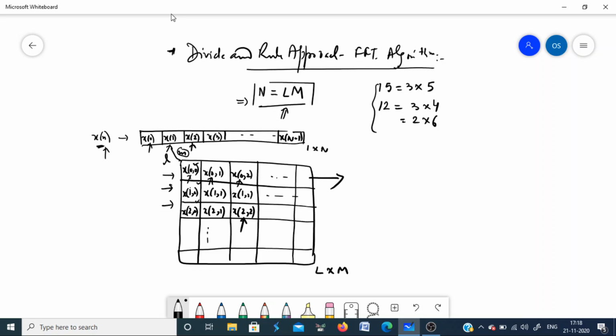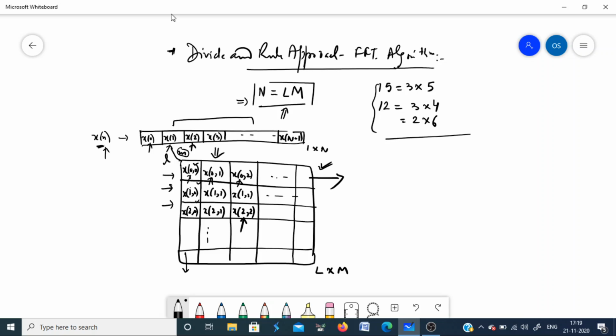Now when you create this two-dimensional array, you have to store the input sequence into this array. It means the one-dimensional data is mapped into two-dimensional data. And how do you fill this matrix of L cross M? There are two ways. Either you can fill the data row-wise, or you can fill the data column-wise. It means you fill the first column, then the second column, and so on.